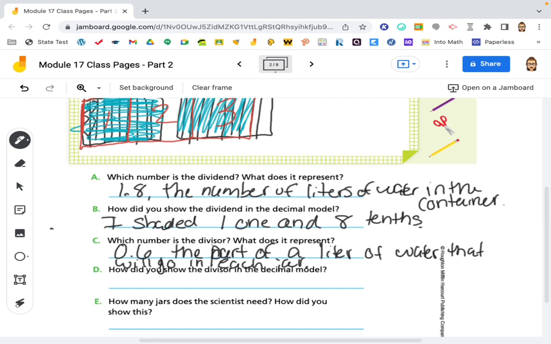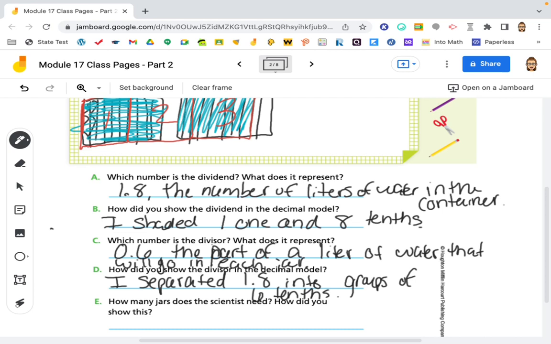How did you show the division in the decimal model? I separated 1 8/10 into groups of 6/10.